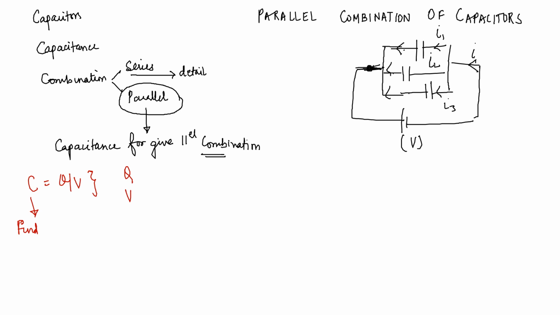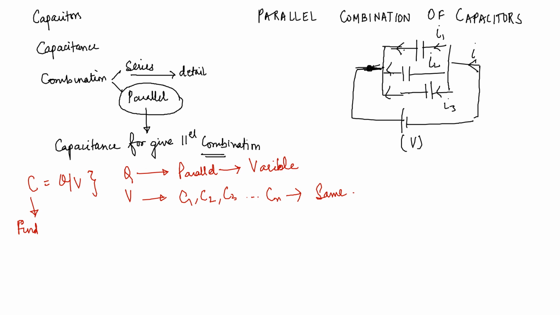We have seen the charge is constant in the series combination. So when we talk about the parallel combination, our charge is variable. And the potential across the capacitor C1, C2 and C3 or up to any number Cn is constant, or the same.